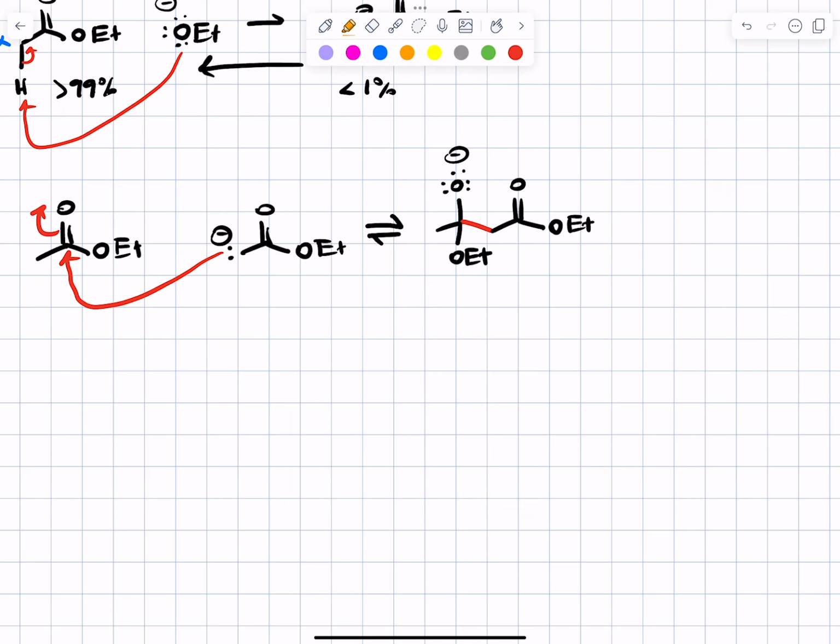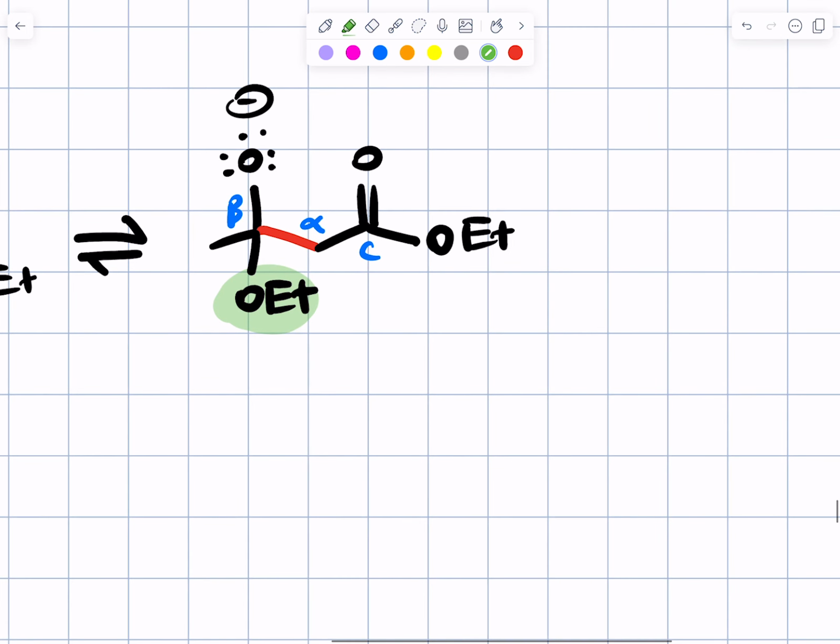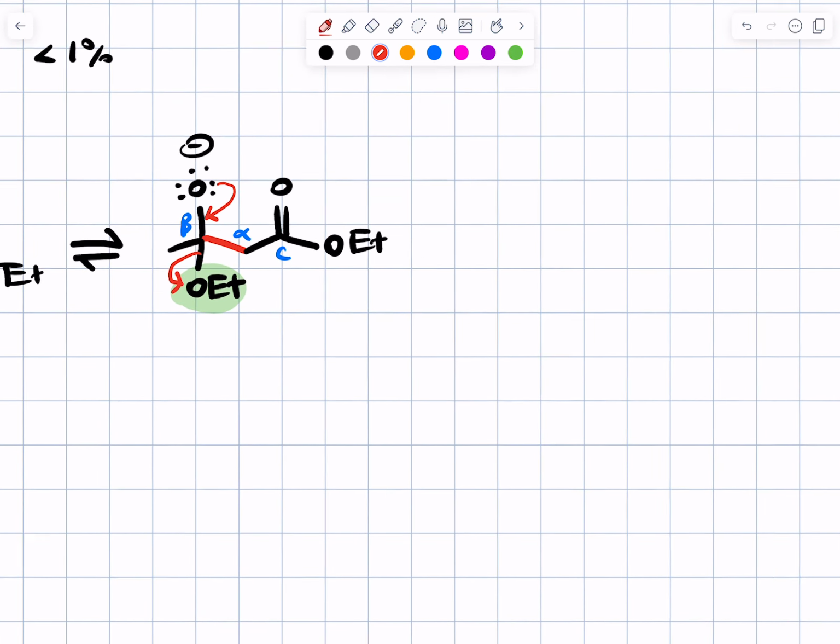I'll label our product carbonyl carbon, alpha carbon, and beta carbon. The point is that the ester comes with this ready-made leaving group. Not a great leaving group, but a decent leaving group relative to the negatively charged oxygen of the tetrahedral intermediate. So now electrons kick down and the leaving group leaves.